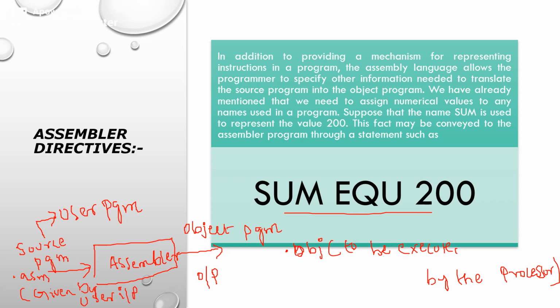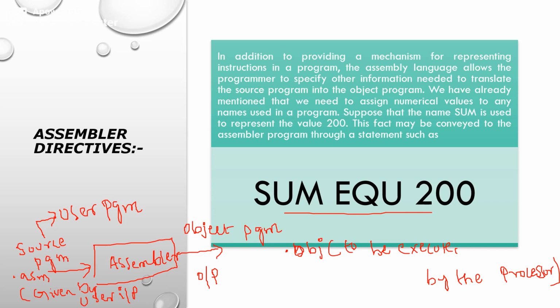During the assembly process, when the assembler encounters this statement, it will assign a value of 200 to the variable sum. While preparing the object program, the assembler will replace each occurrence of the variable sum by the value 200. Suppose we require the value of sum to be 200.